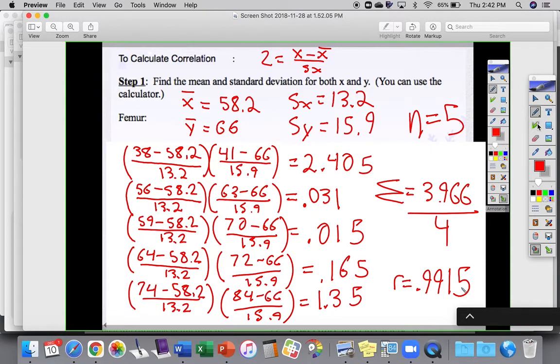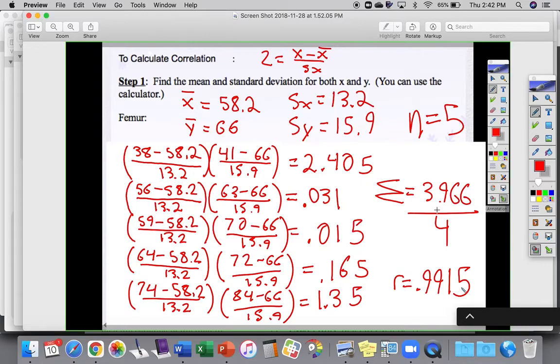Then we get to these bigger numbers. The ones, look at my cursor, these bigger numbers. This is found by doing this times this. I got 2.4. This times this, 0.031. The formula, this little e, this weird looking e, says to sum these 1, 2, 3, 4, 5 numbers. If I add these numbers, it's 3.966.